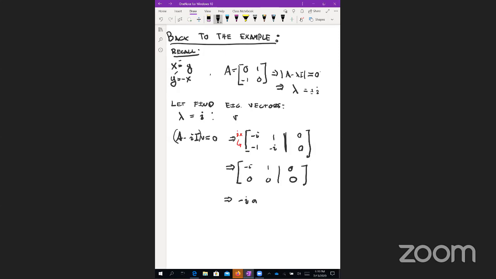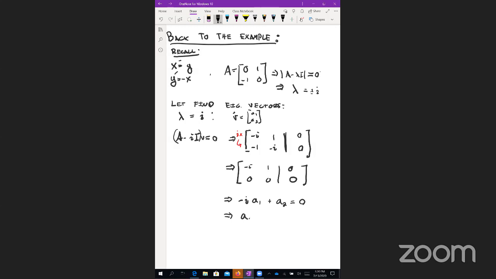Let's say that our V, actually we can use V1 and V2 now, because we're going to use V and V bar. Let's just make it A1 and A2, not to be confusing. A1 plus A2 is equal to 0.